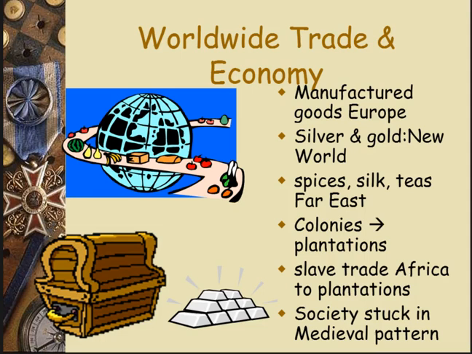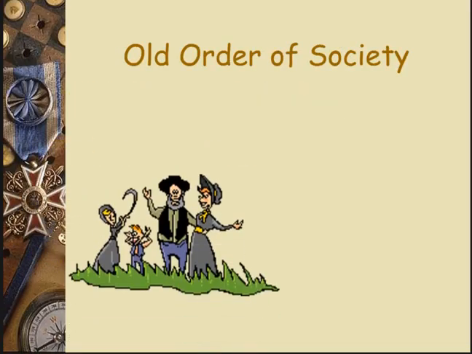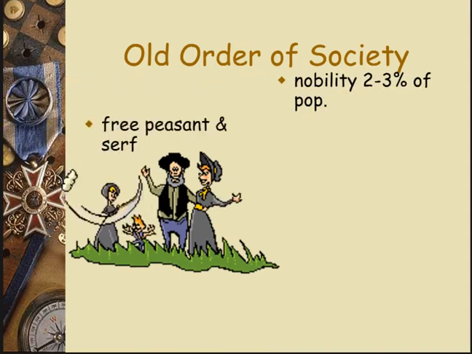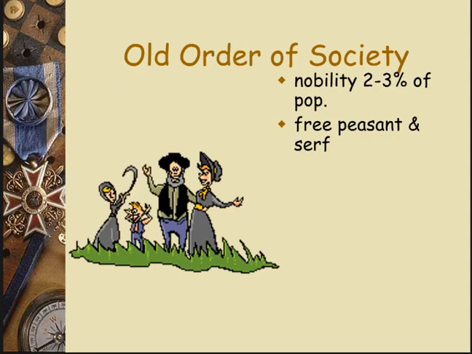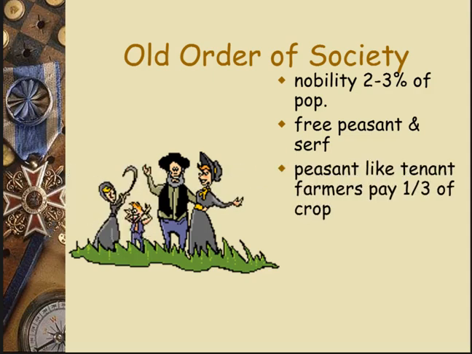Well, anyway. So we see society stuck in this pattern. An old order of society is there, but the economy is changing. What is that old order? The old order would say about 2 to 3% of the people are at the very top, the nobility. Then much of everybody else is a peasant.